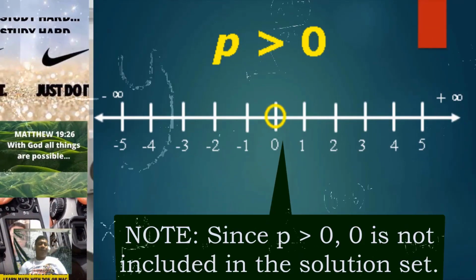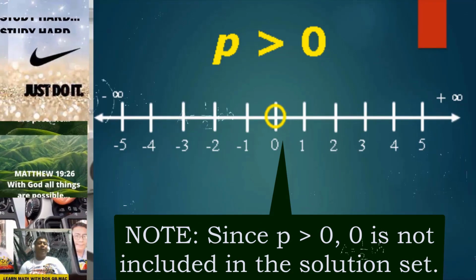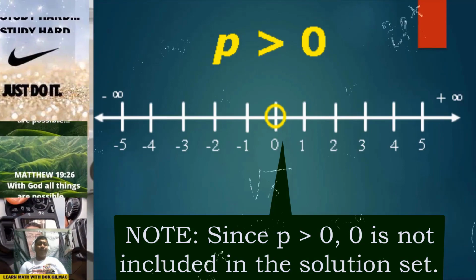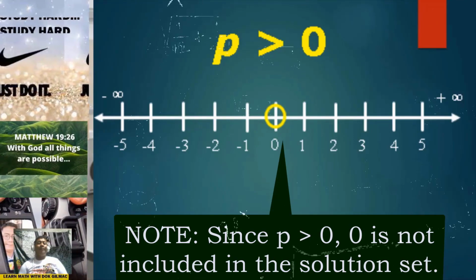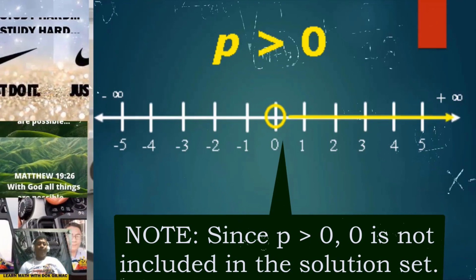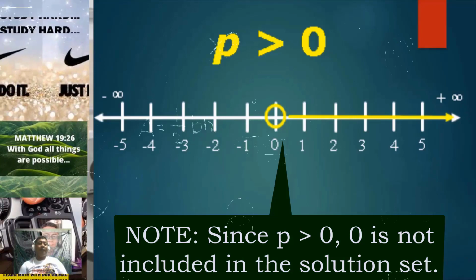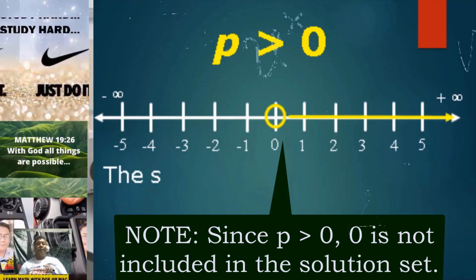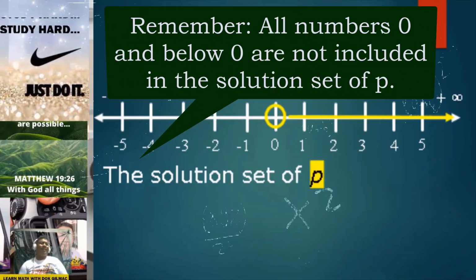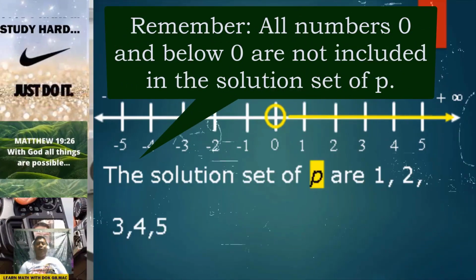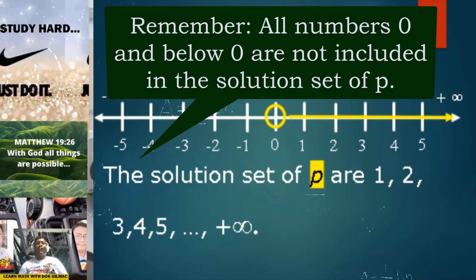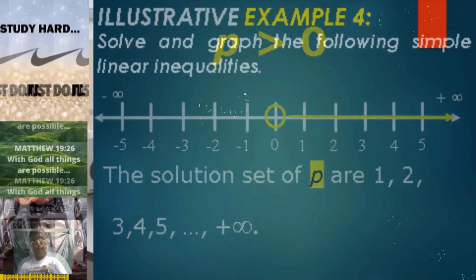As you can see, we have an open circle at 0, and we're going to draw a line segment to the right of 0, since p is greater than 0. Hence, the solution set of p are 1, 2, 3, 4, 5, up to positive infinity.